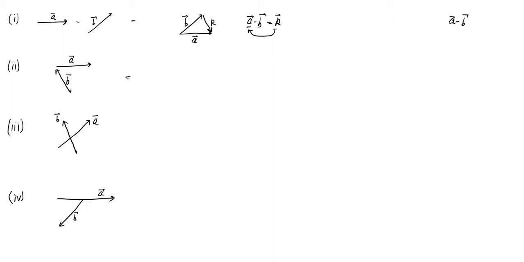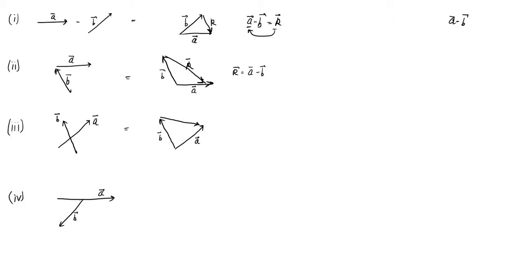Now in the second case, suppose this is vector A and we have to shift this vector B, and this is vector B. So this is vector A and this is vector B. The resultant of these two vectors will be the third side, and the head of R is towards A. So this is R, where R is equal to A minus B. Similarly in the third case, if we have two vectors, let us say this vector is A and this vector is B, the resultant will be in this direction.